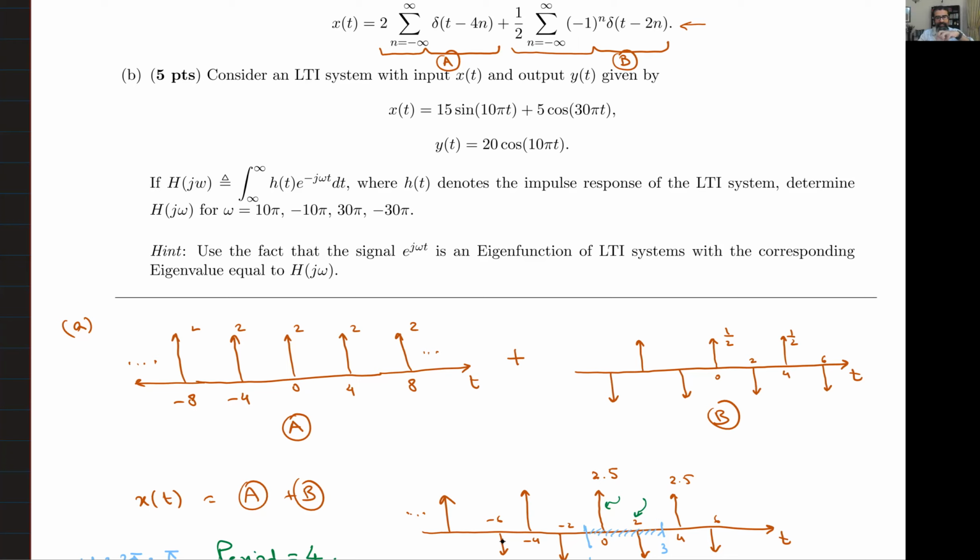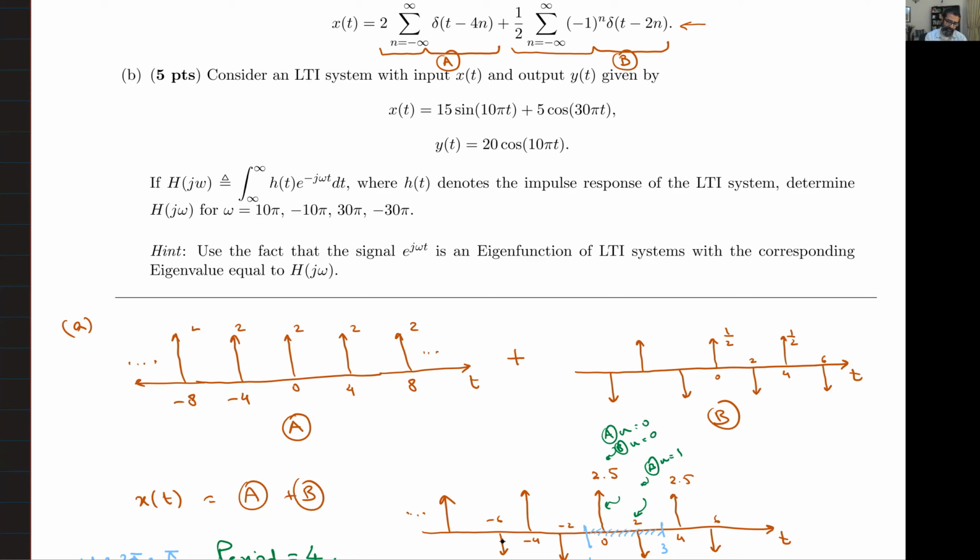And all of this graphical exercise was just to find out what the signal looks like within one period. Right? But if you're interested, this term is the n equals 0 term of A and the n equals 0 term of B. This is actually the n equals 1 term of B, and so on and so forth.